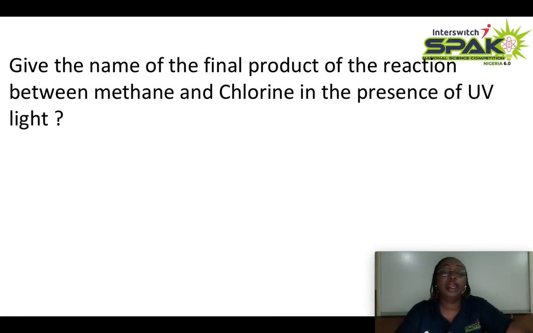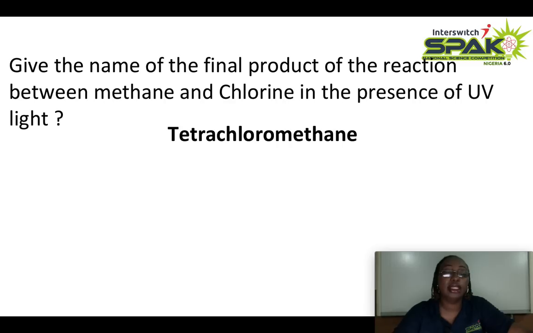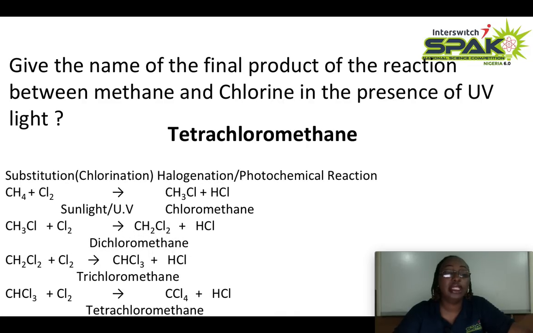Give the name of the final product of the reaction between methane and chlorine in the presence of ultraviolet light. This is a subjective question. So what is the answer? The answer will be tetrachloromethane. Earlier in this lesson, we looked at substitution reactions of alkanes, whereby we said the reaction cannot occur except in the presence of sunlight, and these are the different stages of the reaction.